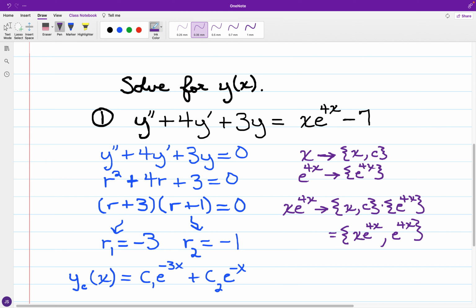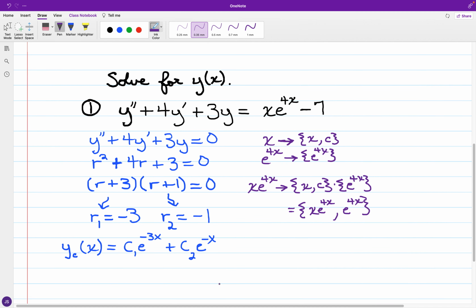And if you notice, we don't have any duplication of e to the negative 3x, nor of e to the negative x. And in the case of negative 7, that is just going to be a constant.